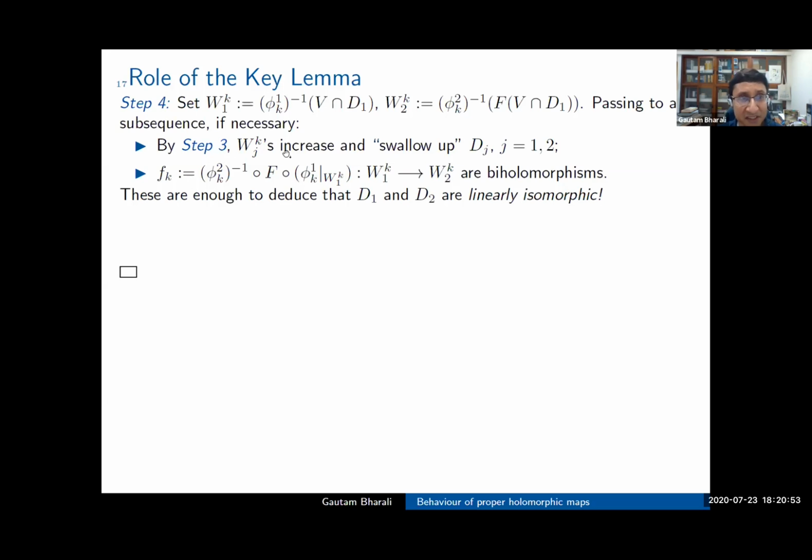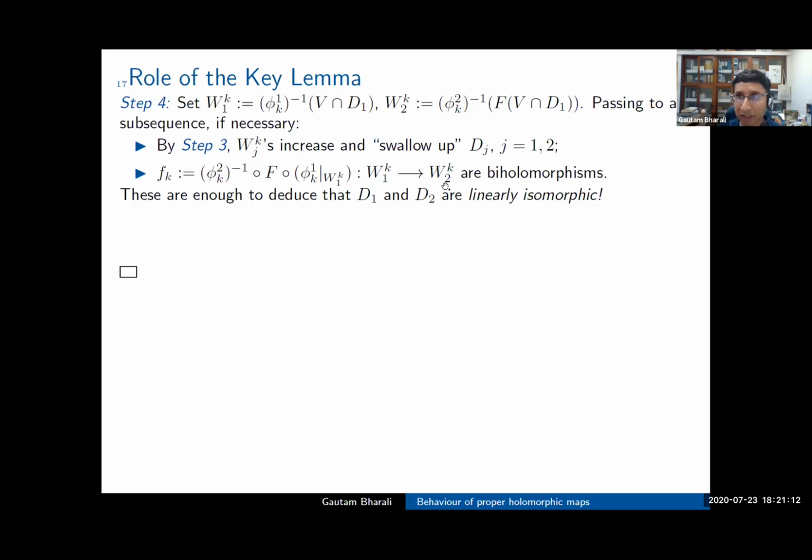And this composition by construction is, for every k, a biholomorphism from W upper 1 to W upper 2.